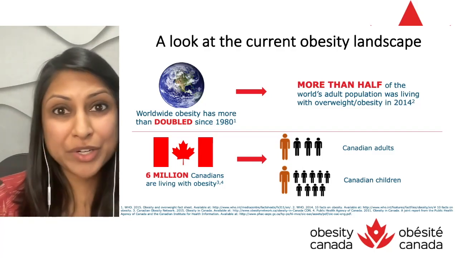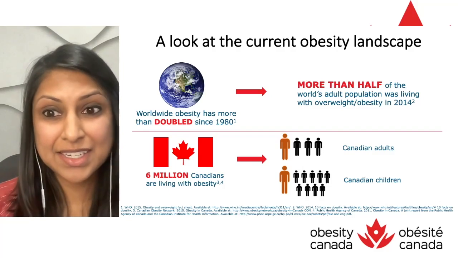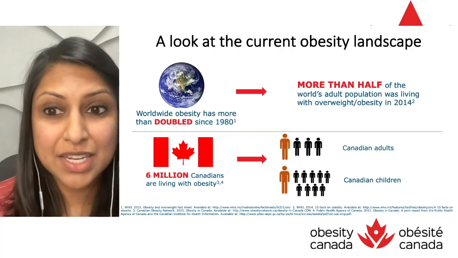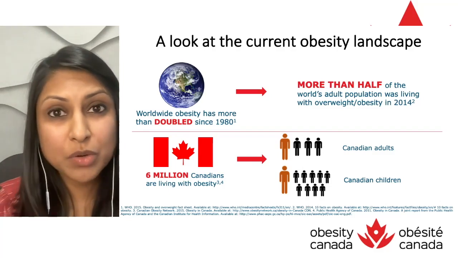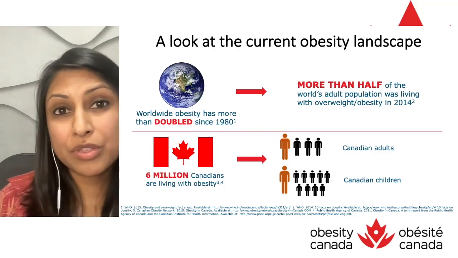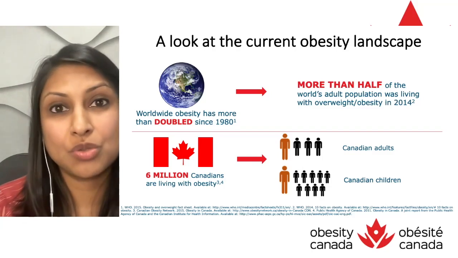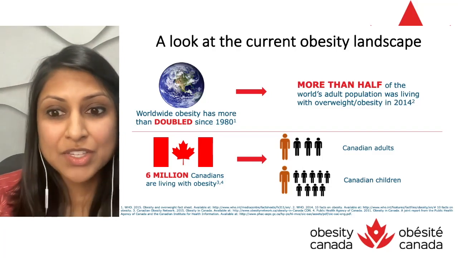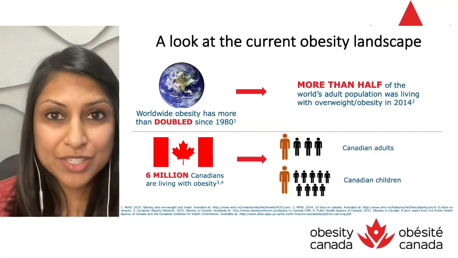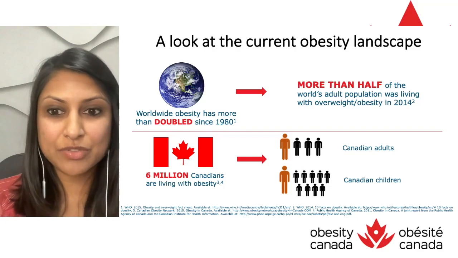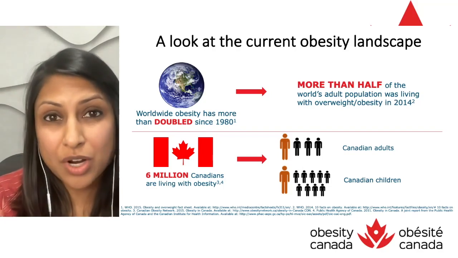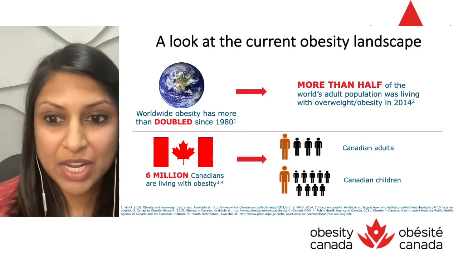Here in Canada, we're not really immune to those statistics. Back in 2015, 6 million Canadians were living with obesity. By 2030, that's going to double to 12 million. So, that's the reason we're all here today. I think everybody on the line today knows that this is a problem and recognizes that this is a challenge.